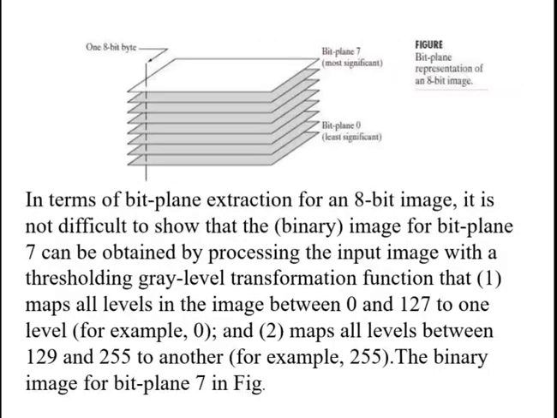The figure shows the bit plane slicing representation of an 8-bit image.